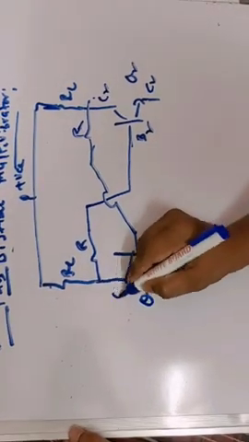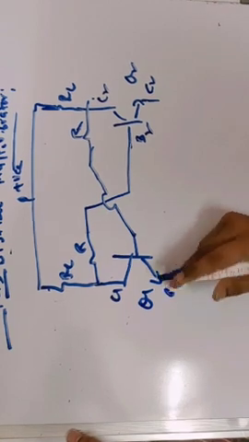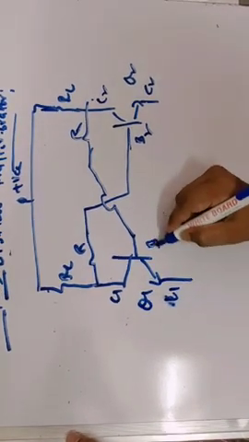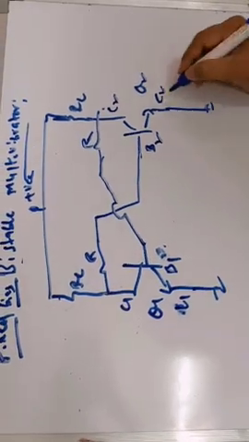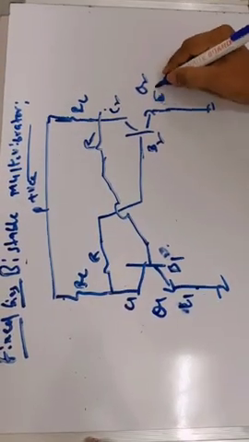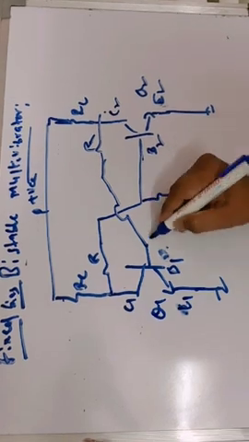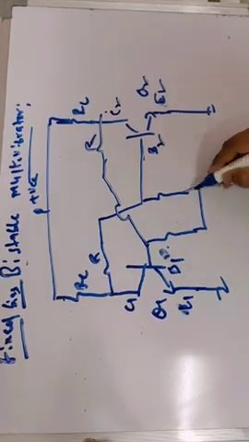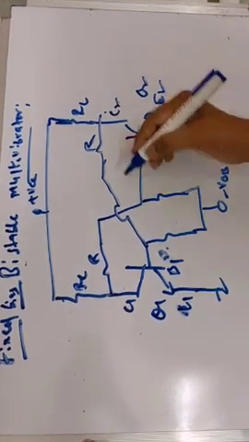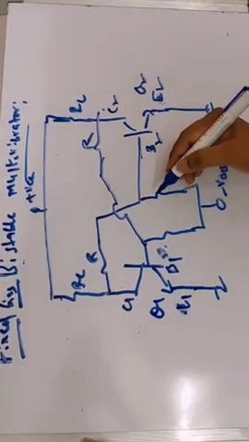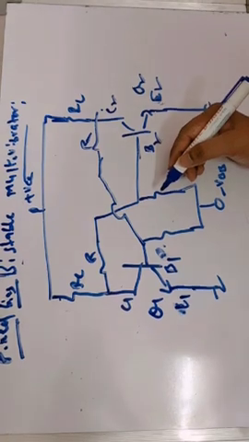Now this is the collector terminal and emitter base of the first transistor. The emitter terminals are grounded here. Now we will use two more resistors here with a DC supply. The DC supply is minus VBB here. Let us consider the currents flowing in this circuitry.